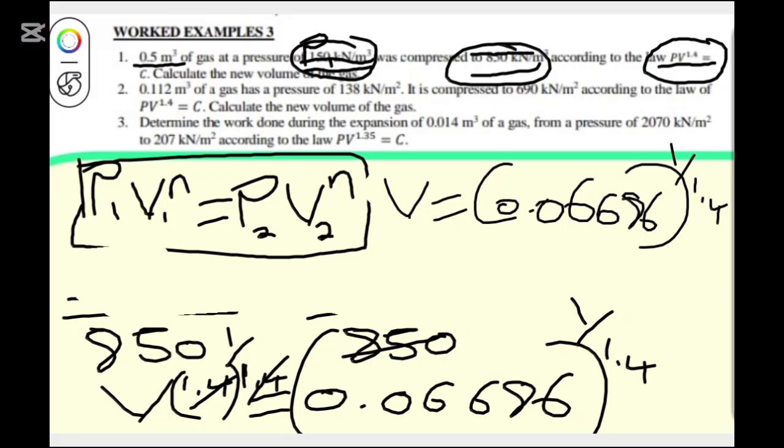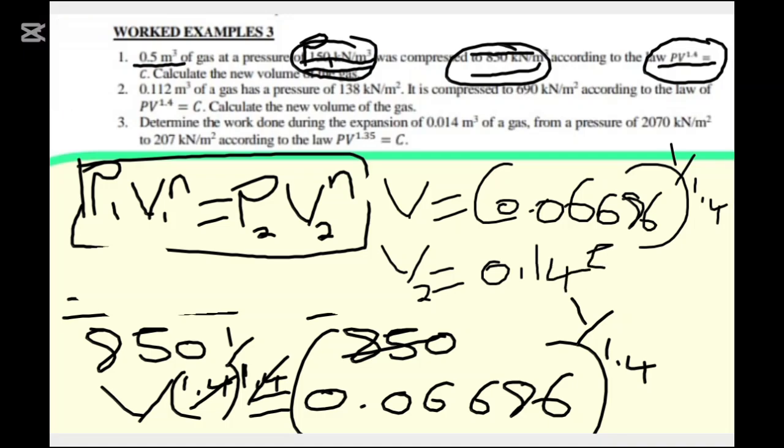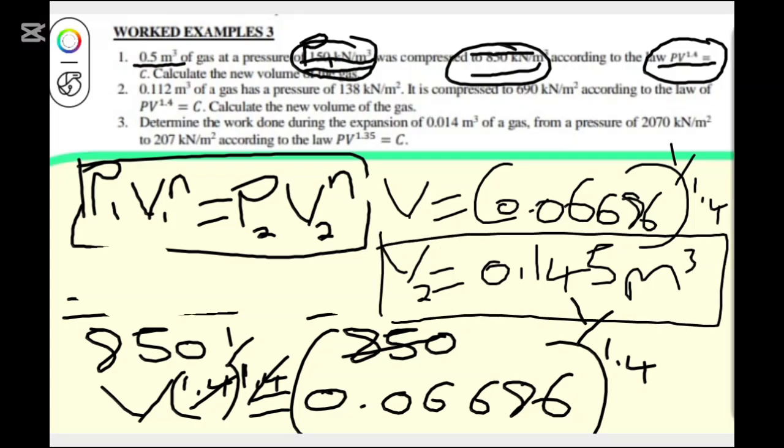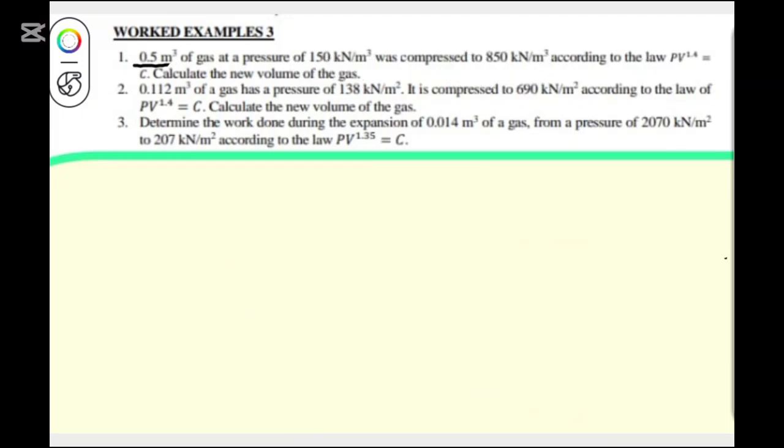At the end, V2 should now be equal to 0.145 meter cube. So this will be the value of V2. Also the next question says 0.11 meter cube of a gas has pressure.